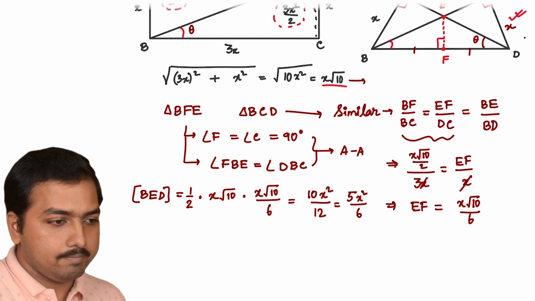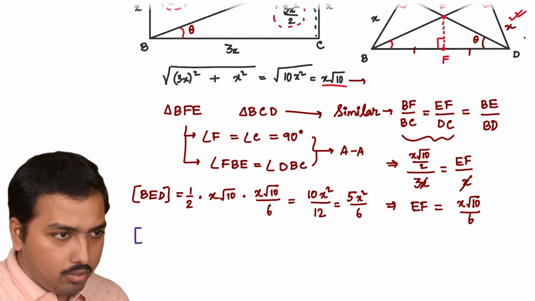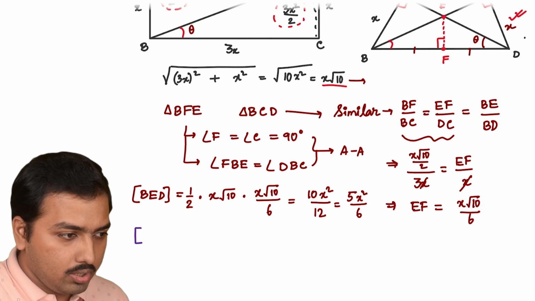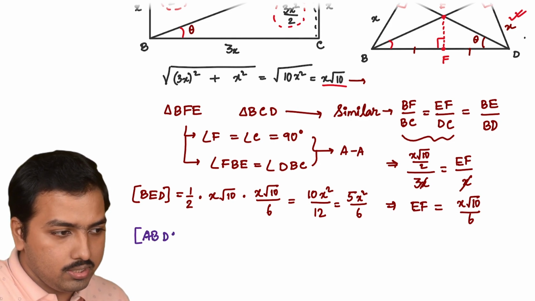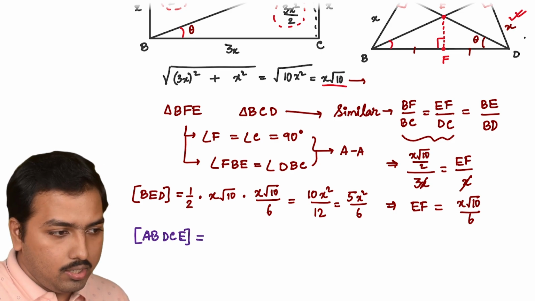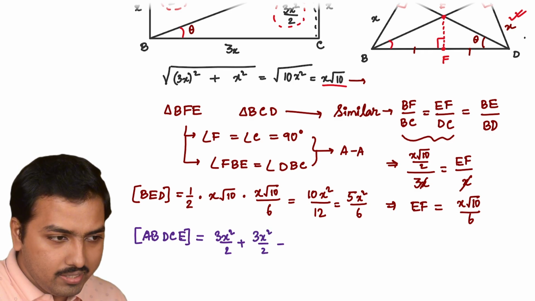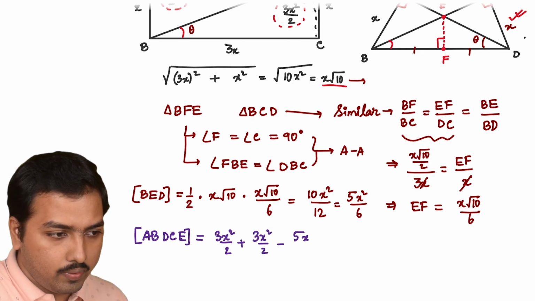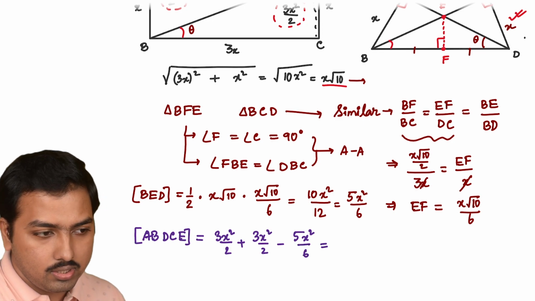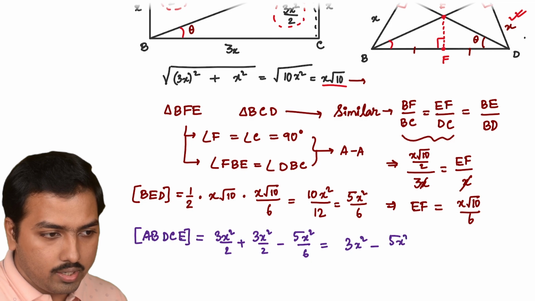So we found BED. Now, as we found BED, the area of the pentagon ABDCE would be 3x squared by 2 plus 3x squared by 2 minus 5x squared by 6, which is 3x squared minus 5x squared by 6.